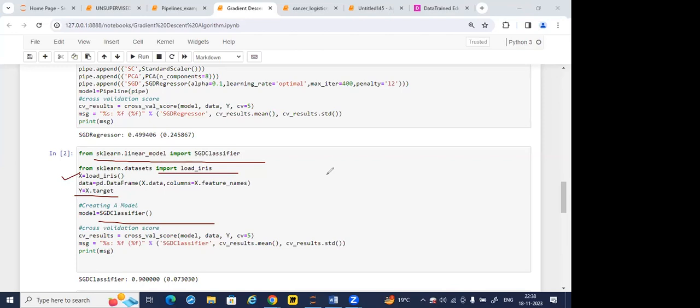For cross_val_score I pass the model, input and output, and the mean and results are given here. So just like any other model, we work with the SGD regressor or SGD classifier.